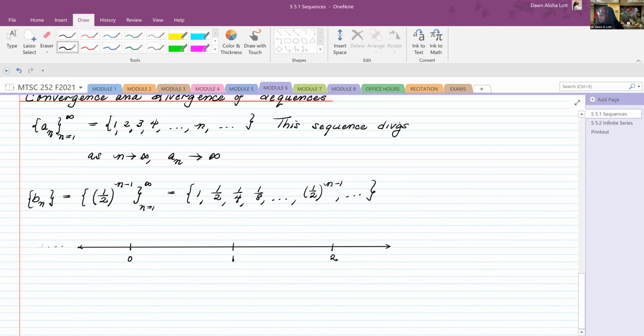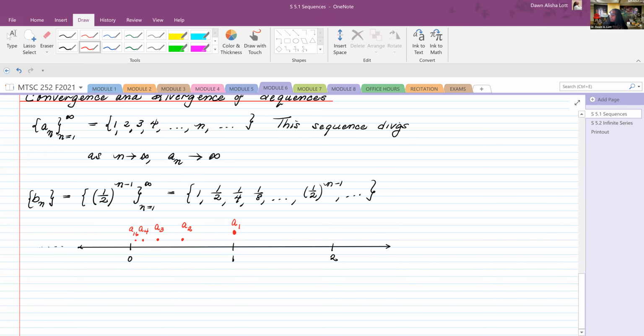Okay, so I can see that my first number in the sequence, a_1, is 1, and a_2 is 1/2, and a_3 is 1/4, and a_4 is 1/8, and a_5 is 1/16.